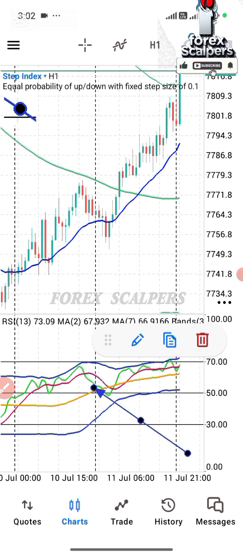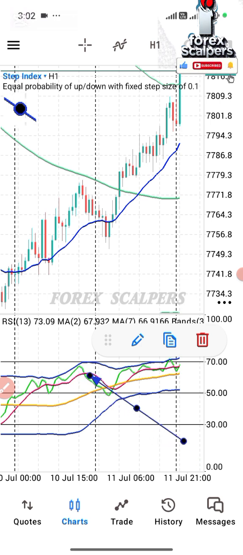So the cross of the price line and the signal line alone is not enough to validate your entry. Alright, so you will need additional confirmation like the pattern of candle that was formed in that zone, the trend of the market.